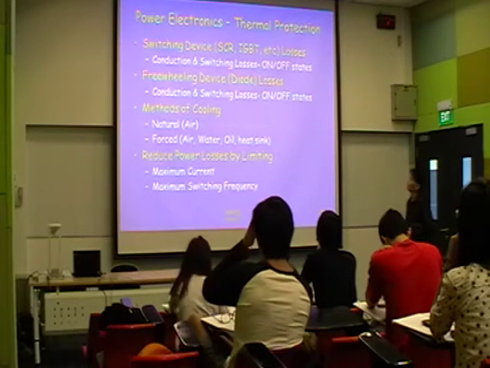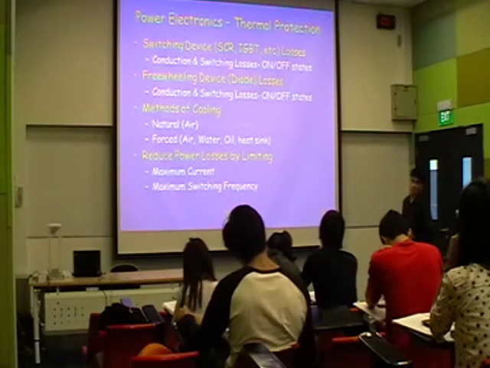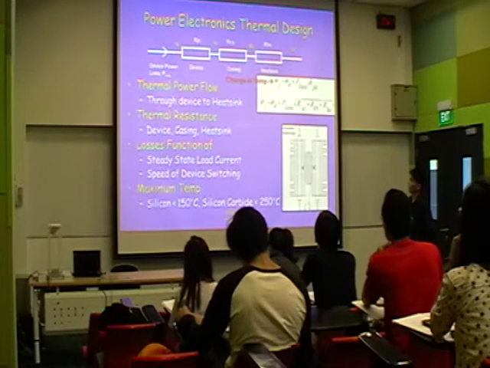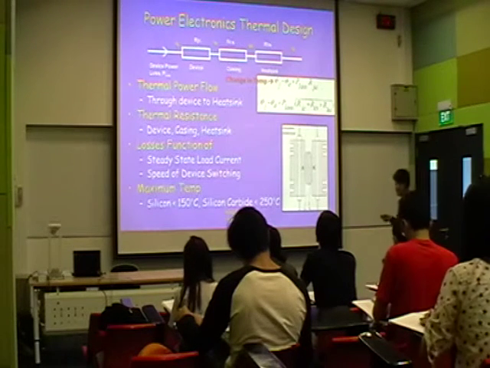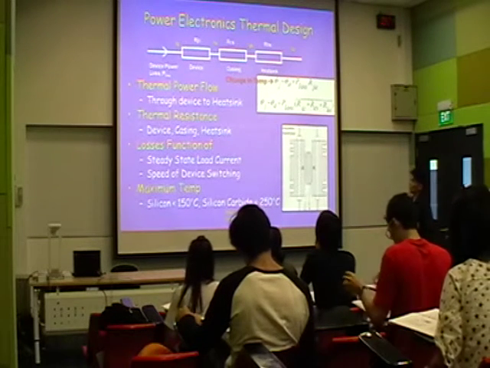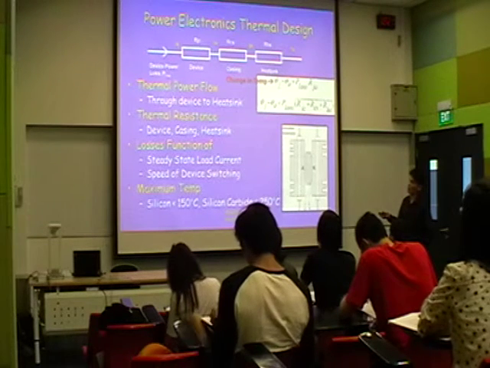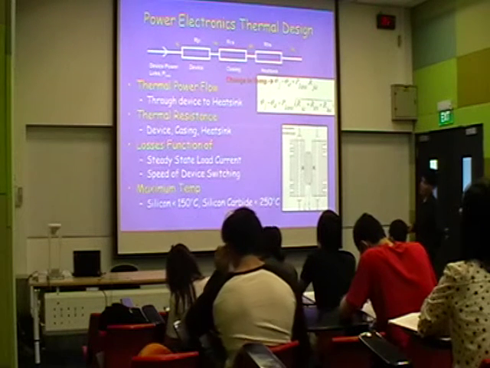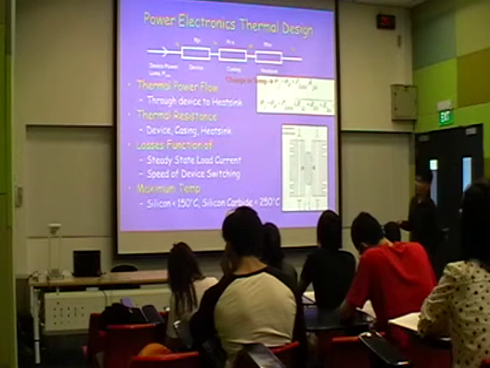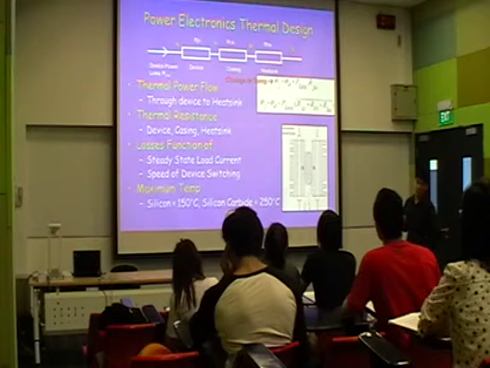All right, so there are a few methods of doing thermal protection. I will show you one of the methods. So you will see that some of the thermal power, or heat dissipation, this power loss is basically our heat dissipation. Or sometimes we use the formula I squared R to determine what the heat dissipation is.